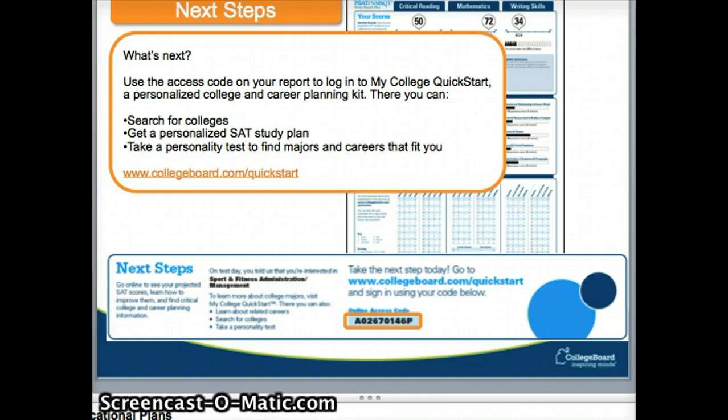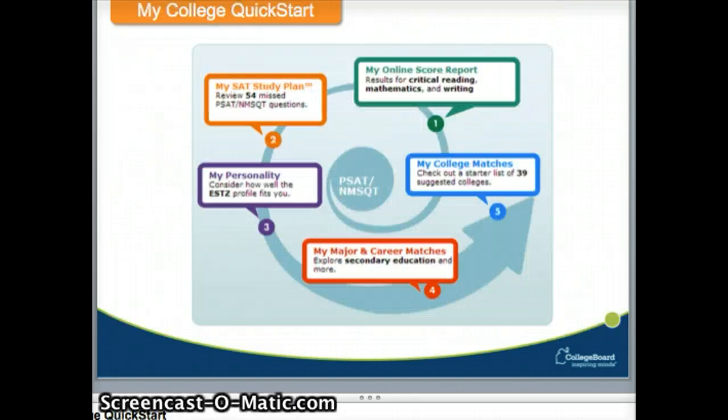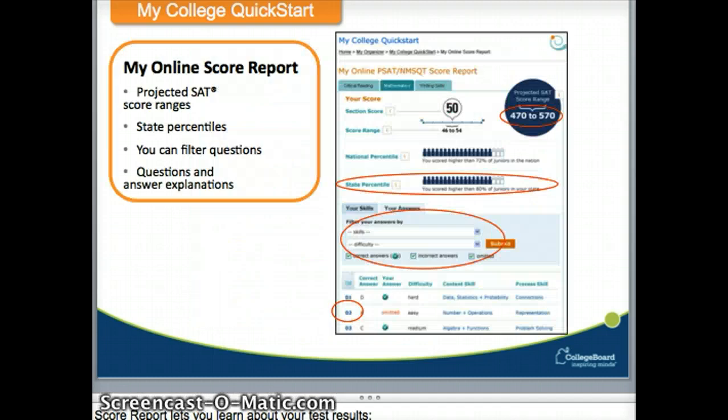My College Quick Start is a free, personalized college planning resource based on your student's PSAT results. It has 4 parts: My Online Score Report, My SAT Study Plan, My College Matches, and My Major and Career Matches. My Online Score Report lets students learn about their test results.